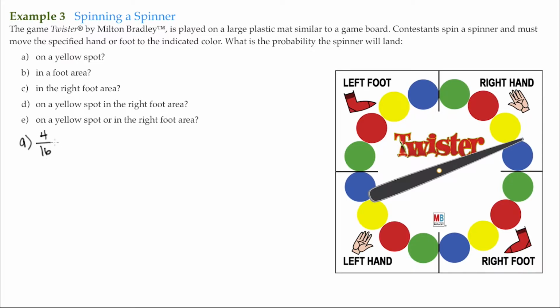And of course we can simplify that as 1 out of 4. As a decimal, that's 0.25, and of course we recognize that as 25%. So what is the probability it lands on a yellow spot? 25%.